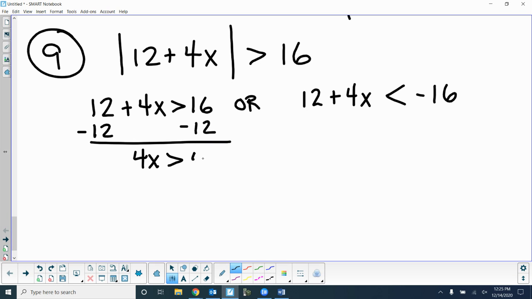Remember, if you multiply or divide by a negative, what do you got to do with your inequality symbol? Flip it. But we didn't divide by a negative, so we don't have to flip this time. But just keep that in mind.